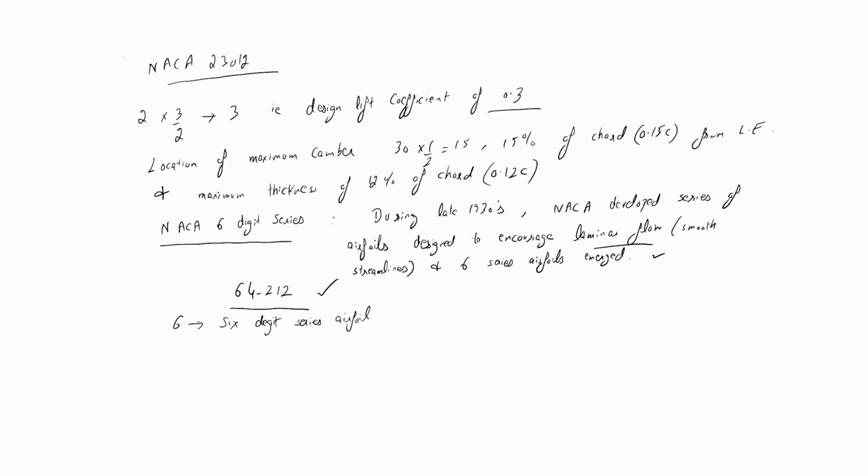Now the second digit, here we'll be having a new term, that is location of minimum pressure, in tenths of chord.